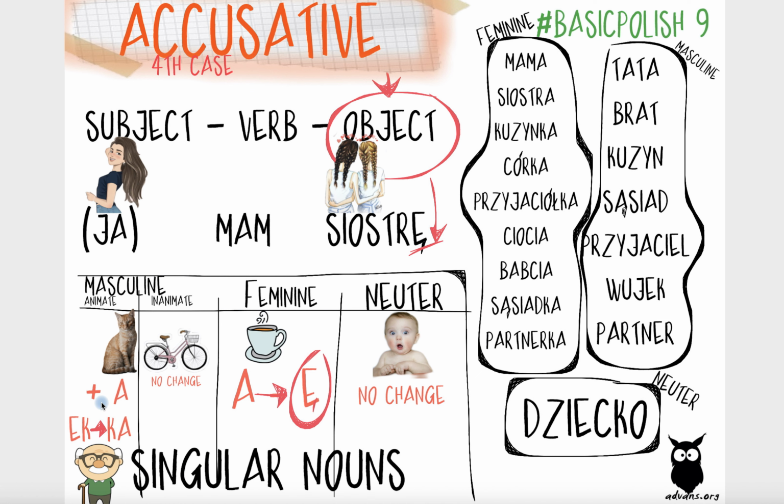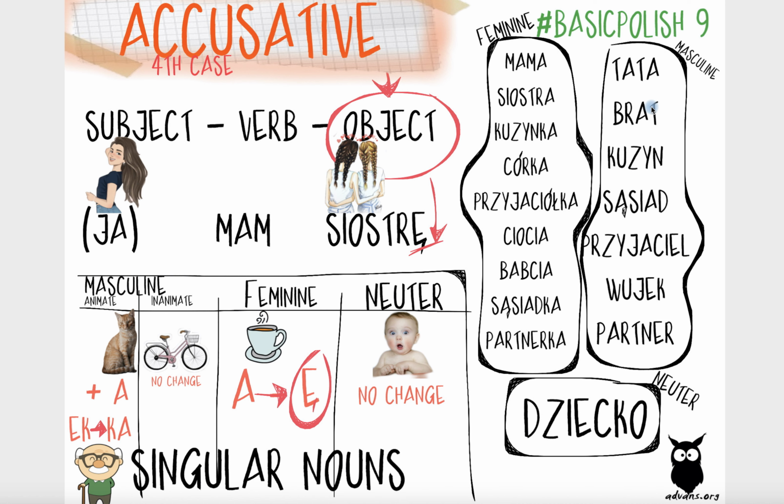There will be a slight, different change to those nouns that end in ek. I will explain that soon. But inanimate masculine nouns, like let's say rower, bike, won't have any change at all. So we only change those masculine nouns that are animate.